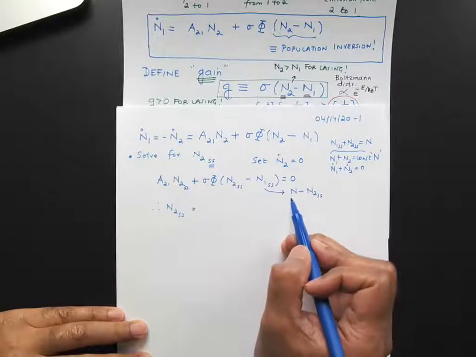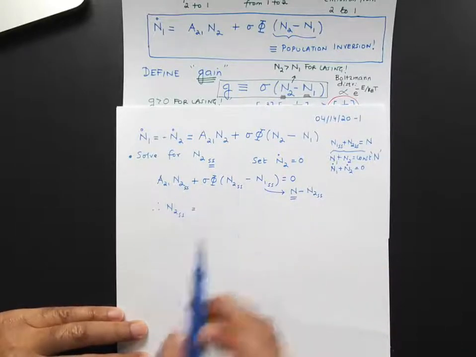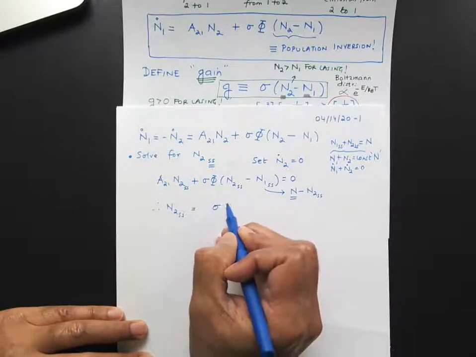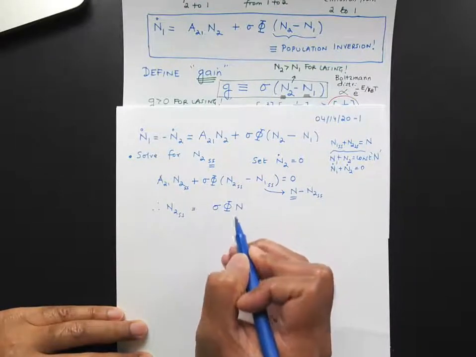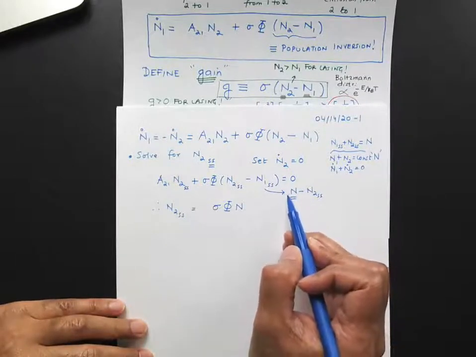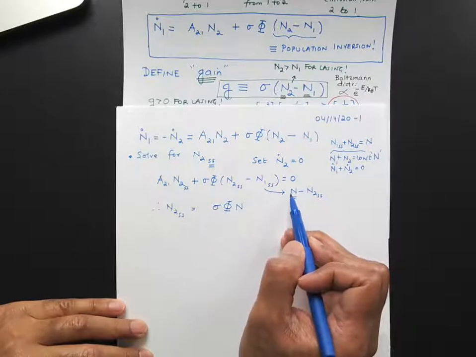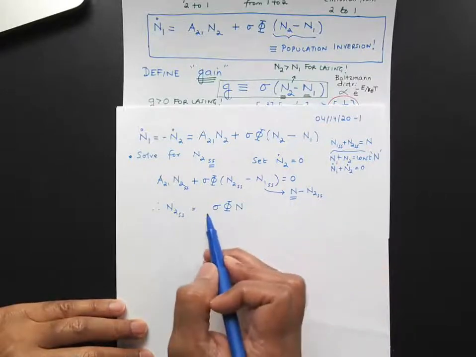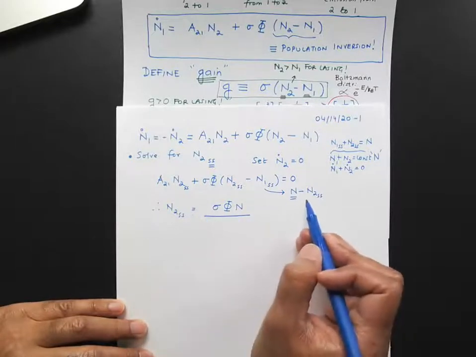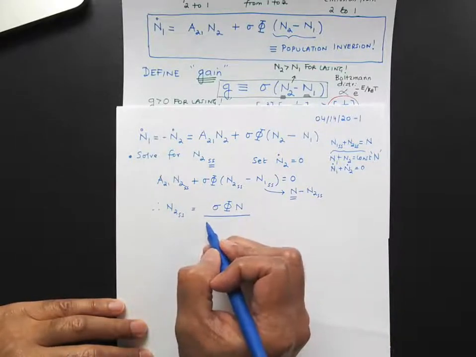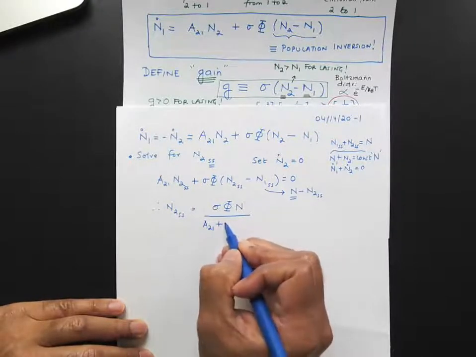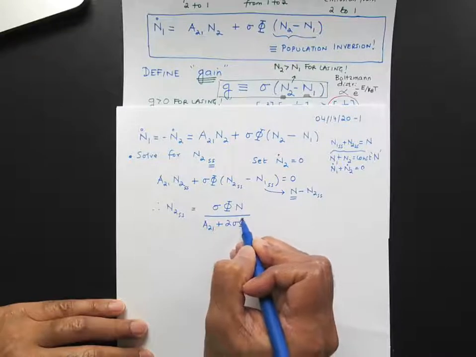It's because there's one term with N and the other terms have N2 steady state in them. So I just collect the terms together, and the term going as N, which does not have an N2 steady state in it, you take over to the other side, and then the coefficient of N2 steady state everywhere is going to be A21 plus 2 sigma phi, right?